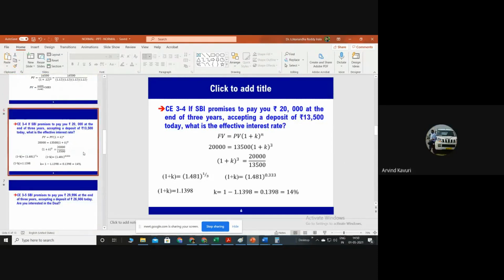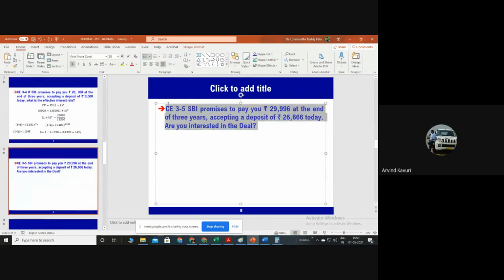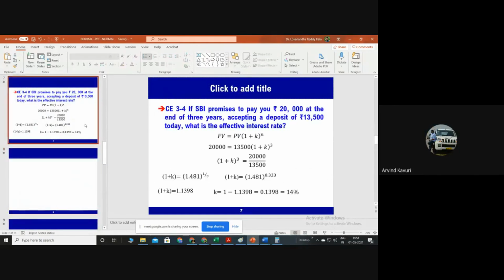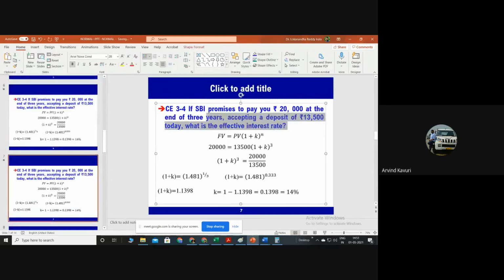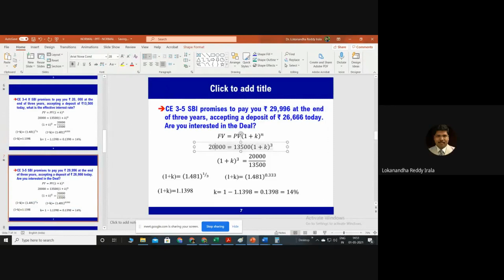Now, let us repeat this. It's the same formula as before. So 29,996 is equal to 26,666 times 1 plus k whole to the power of 3.